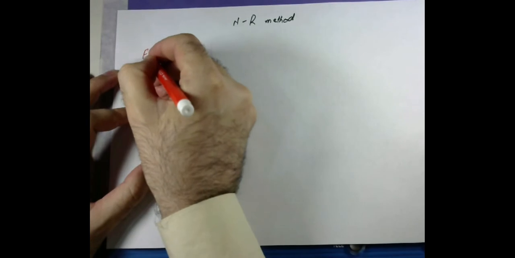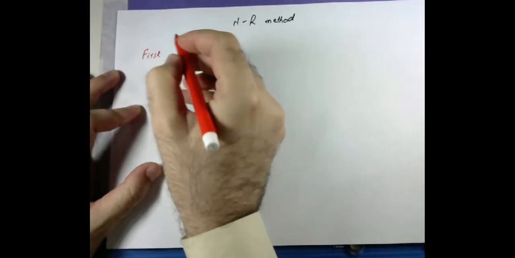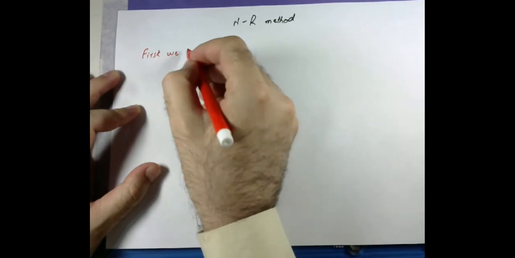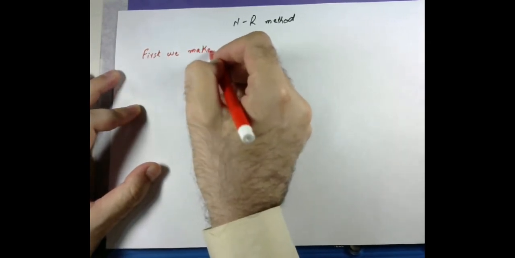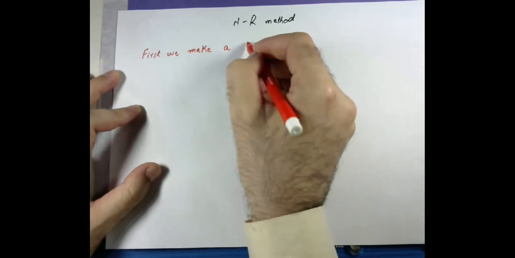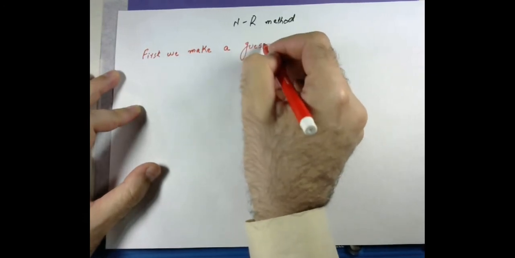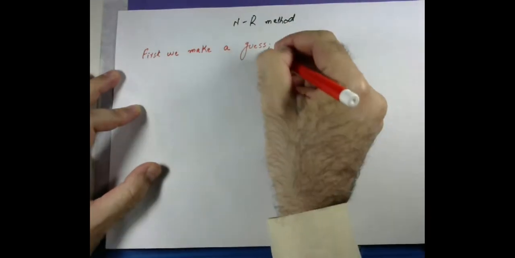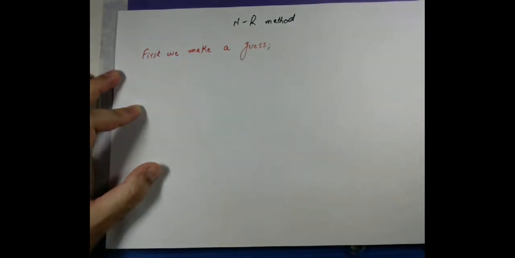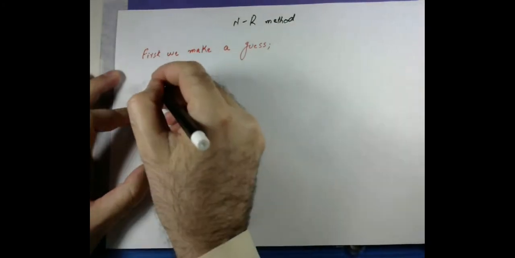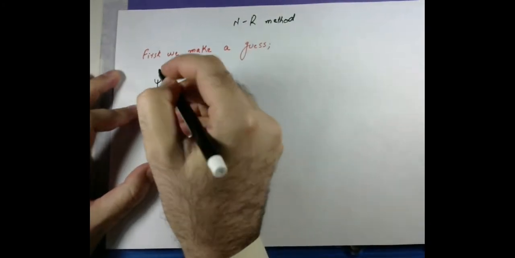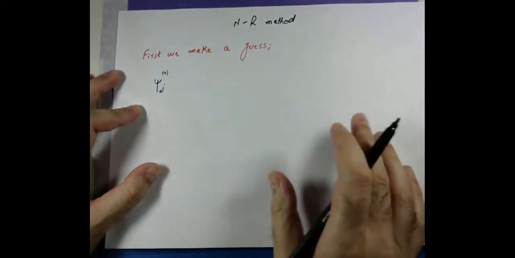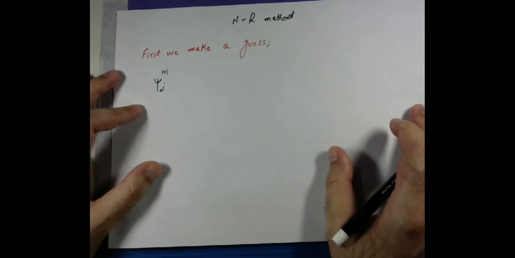So first we make a guess, and you know that in solving a power flow problem, the guess is either the angle. We have discussed it quite in detail before we even solved 3 problems using the Gauss-Seidel method.